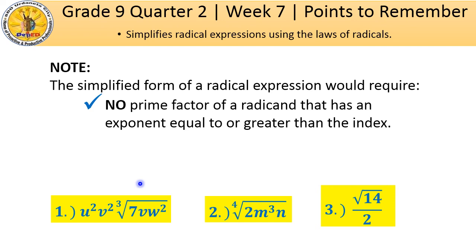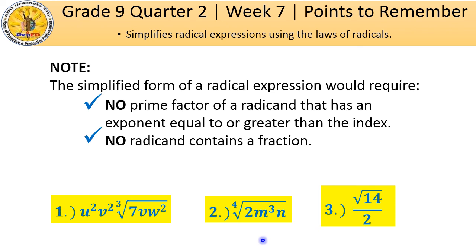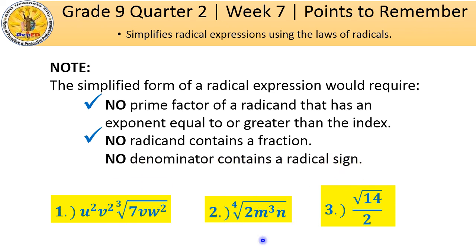Ibig sabihin nito, sa isang radical expression, hindi dapat equal or mas malaki ang exponents ng radicand kesa sa index nito. Second, no radicand contains a fraction. Ibig sabihin, wala dapat fraction sa ating radicands. Check ulit. And last one, no denominator contains a radical sign. Check ulit. Meaning, these answers are absolutely correct.